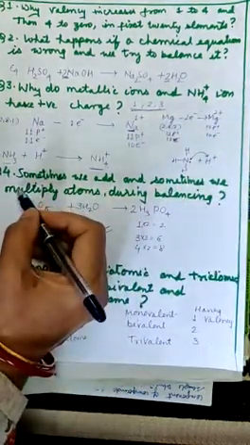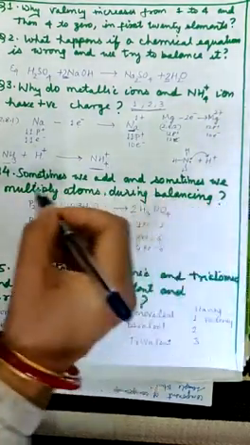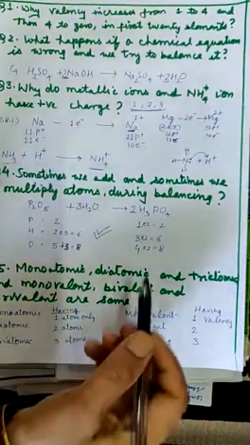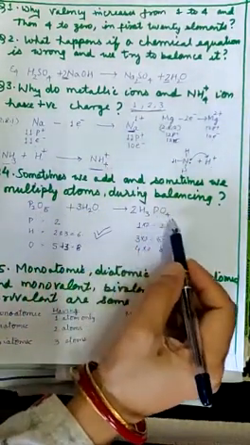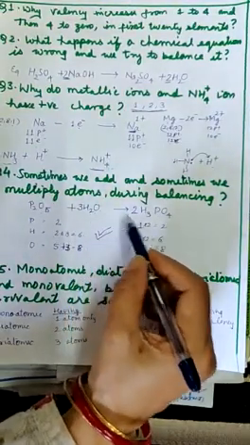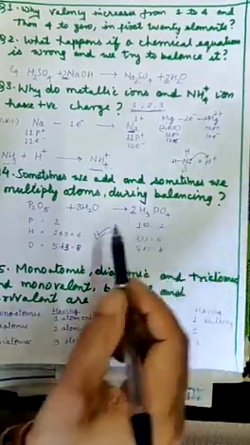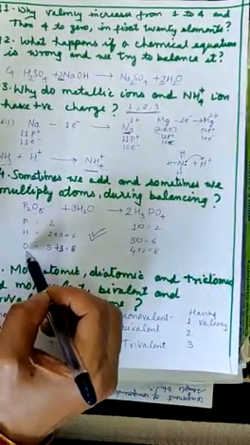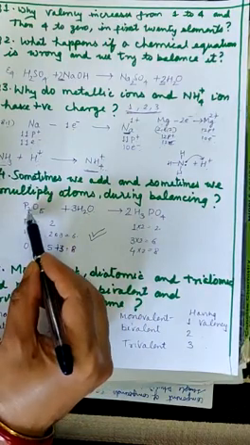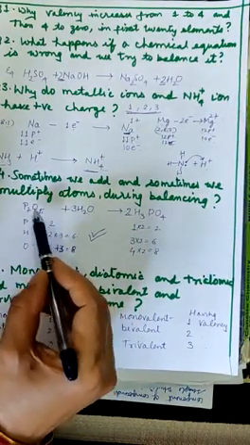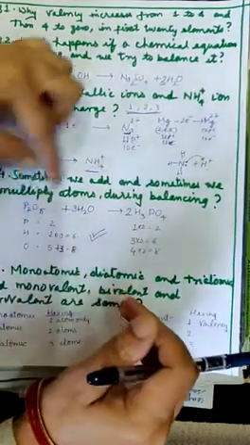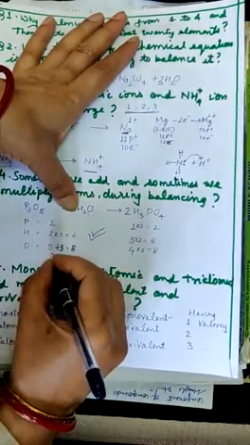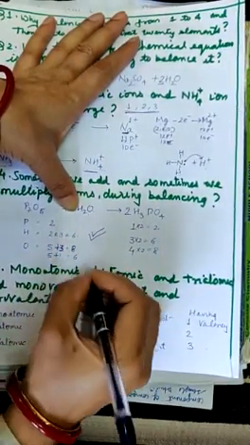So let's come to question number 4. Sometimes we add and sometimes we multiply atoms during balancing. I don't find any puzzle in this. When we balance an equation like P2O5 plus H2O gives H3PO4, suppose it is not balanced: phosphorus 2 atoms, oxygen 5 atoms, and if 3 is not written, then 1 over here, so it would have been 5 plus 1, that is 6.